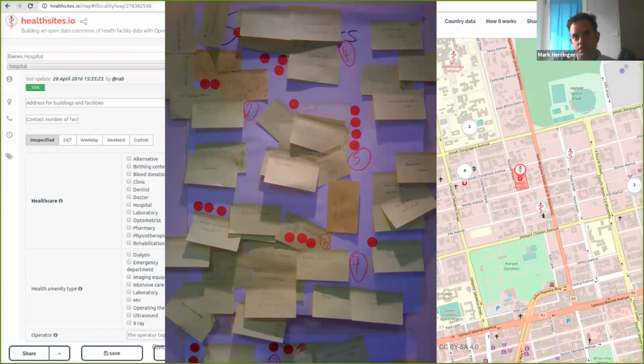And if any of you have ever done a Post-it note exercise to define user stories for software development, this is the same sort of process. You all contribute your stories, and then you look at them together and you identify the ones that you think are the most important. And as you can see in this diagram, people have put their votes in the form of the red dots next to the stories that they feel are the most important.